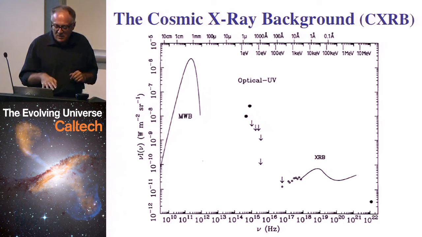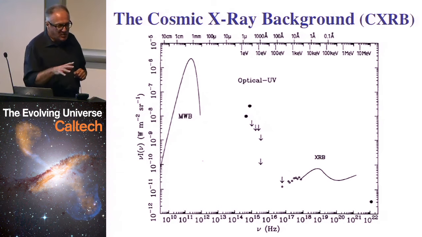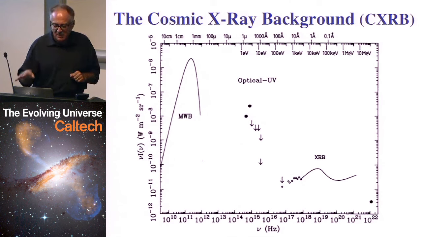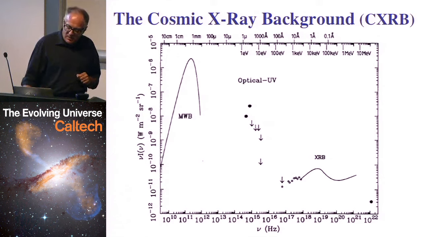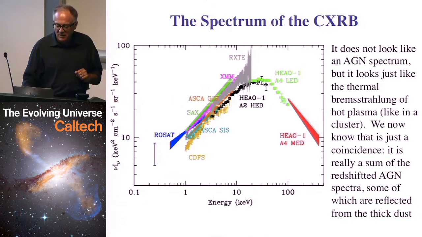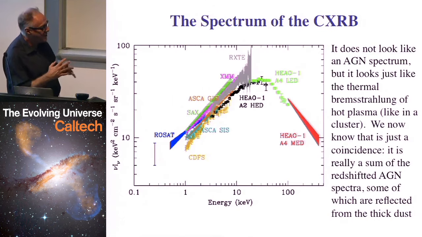And then at high energies, you get, again, almost flat, but not completely flat, cosmic X-ray background and gamma ray background. So that bump was what was puzzling people for a long time. This does not look like the spectrum of an active galactic nucleus. This is measurements from many different satellites combined.